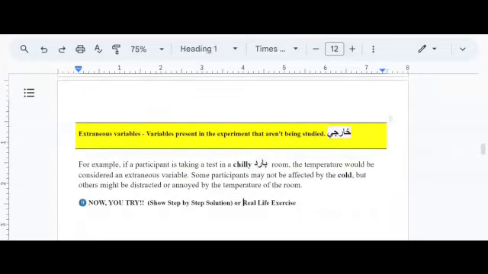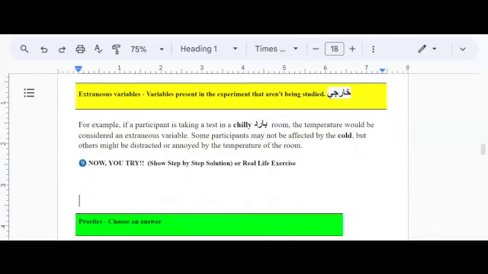Extraneous. Can you please read? Yes. Variables present in the experiment that aren't the focus, this one, extraneous. Sorry, the example now. Okay. For example, if a participant is taking a test in a chilly, silent room, the temperature would be considered as an extraneous variable.